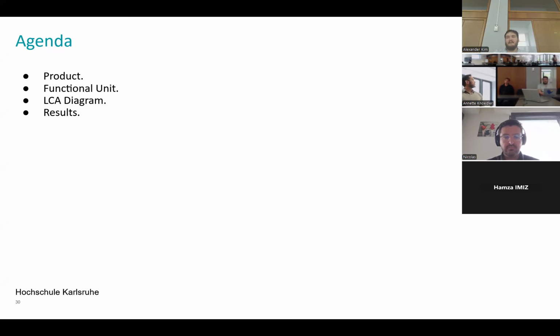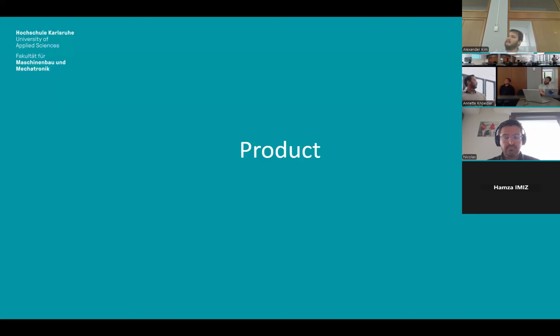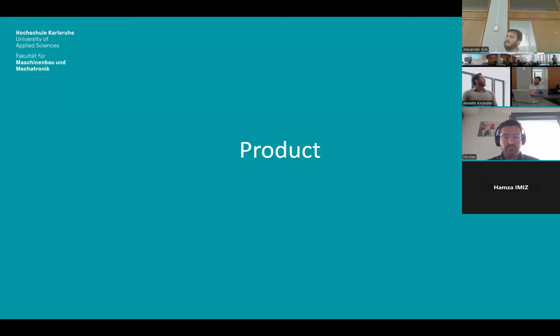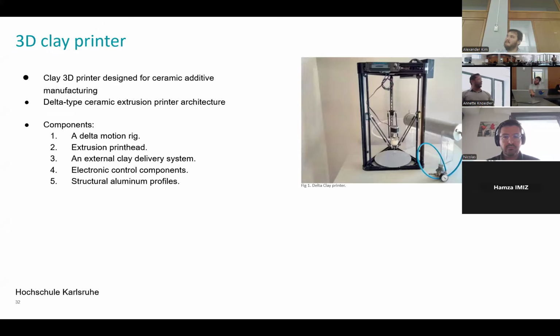So let's check into the product and the functional units. After that, the LCA diagram, which is going to show all the stages that we are going to go into. And finally, the results and conclusions. For the product, we selected a 3D clay printer.